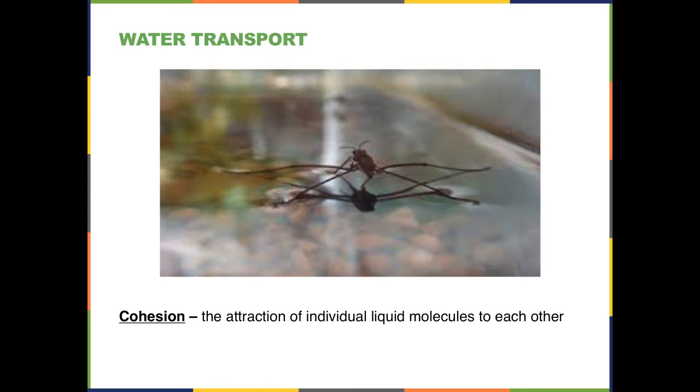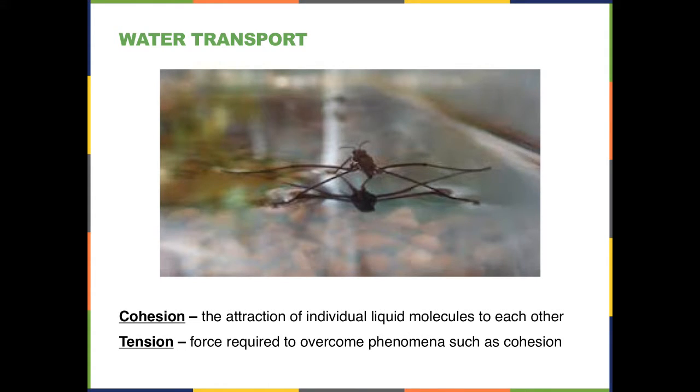Cohesion basically sets up what's known as a tension on the water, because the tension is on the surface of the water and not in the middle of the water. It's called surface tension, and this is the force that's required to overcome the attraction between individual water molecules. So surface tension is the force that's required to break that.